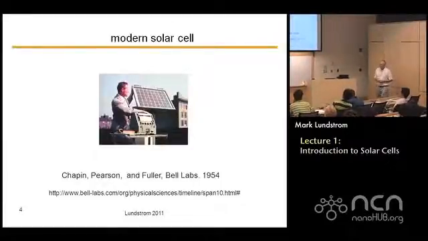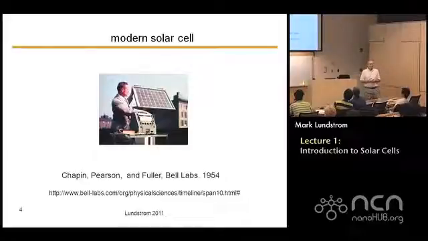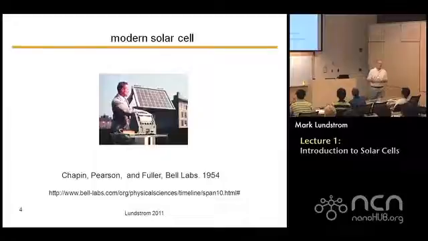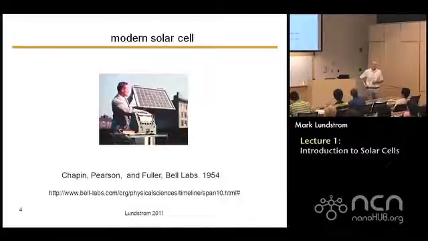Okay, so the idea of a solar cell has a long history. In the 1800s, people discovered the photovoltaic effect. You could shine light on materials and get a current to flow. And Albert Einstein got a Nobel Prize for figuring out what the photoelectric effect was, how the absorption of photons translated into electrical current.